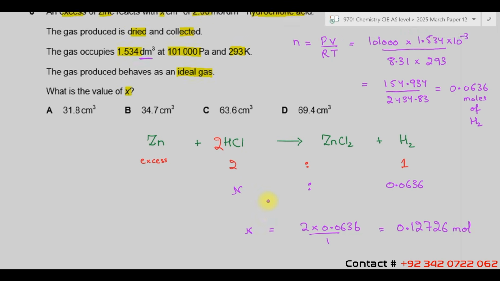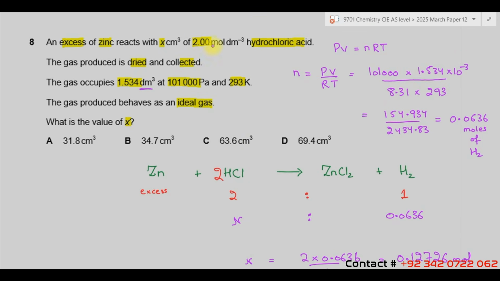We need volume, we have concentration, we have moles. So volume equals number of moles divided by concentration in decimeter cube.